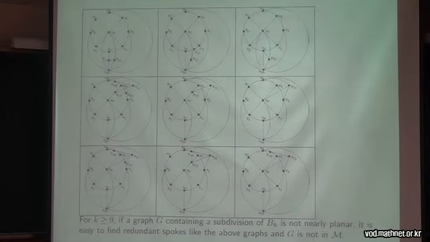But when K is greater than 9, K is the number of spokes, then there are lots of spokes to become minimal. So what I'm saying is that if a graph G contains a subdivision of BK, when K is greater than 9, then the graph cannot be in the class N. It's too many spokes. So BK is eliminated.